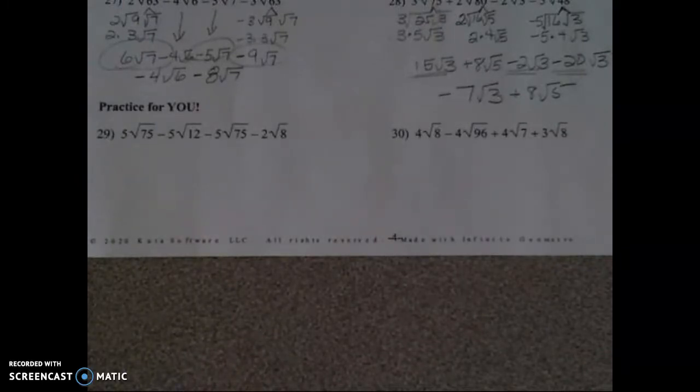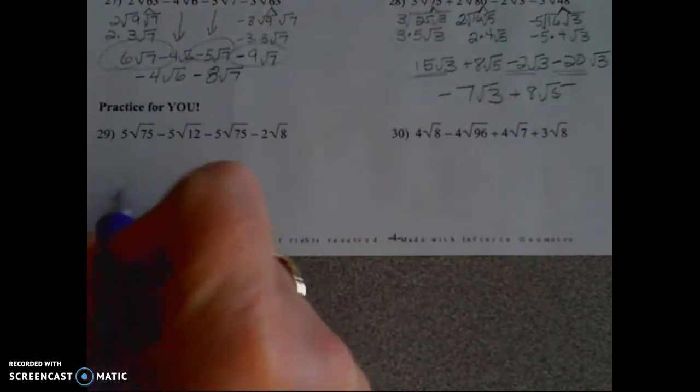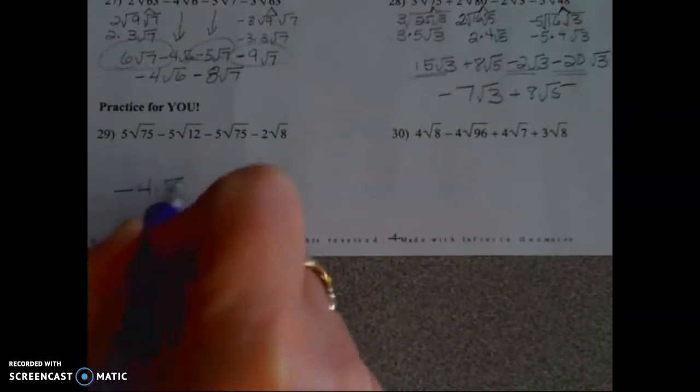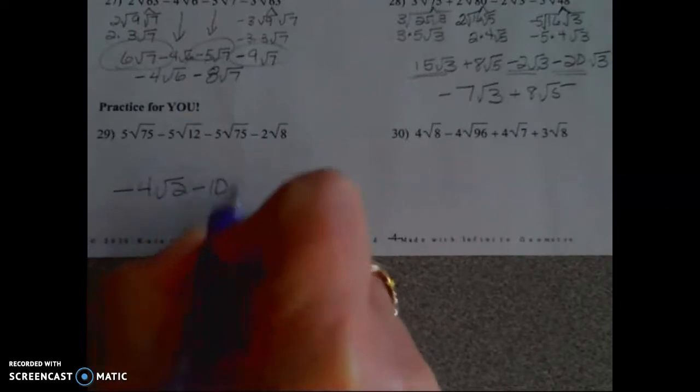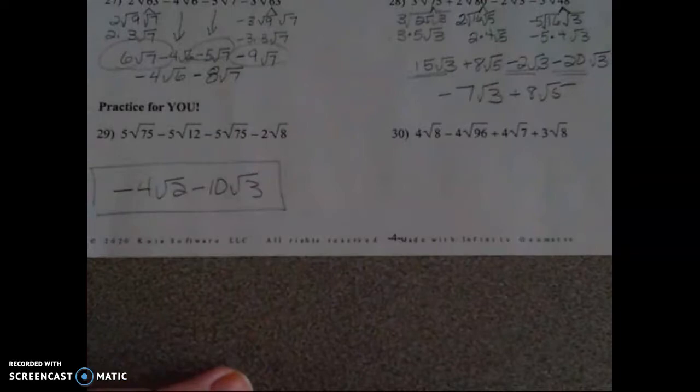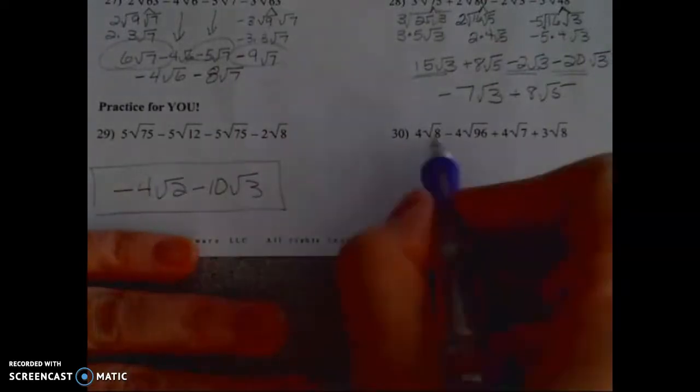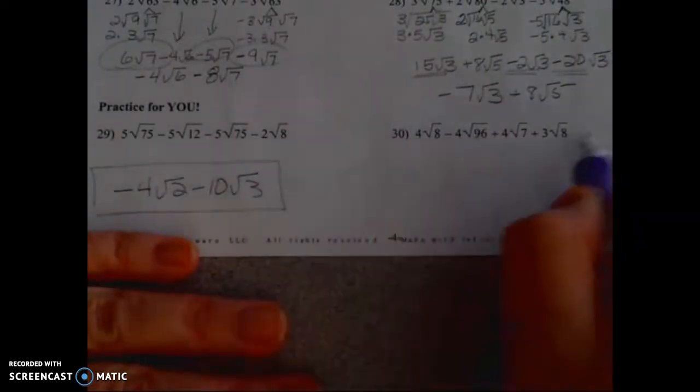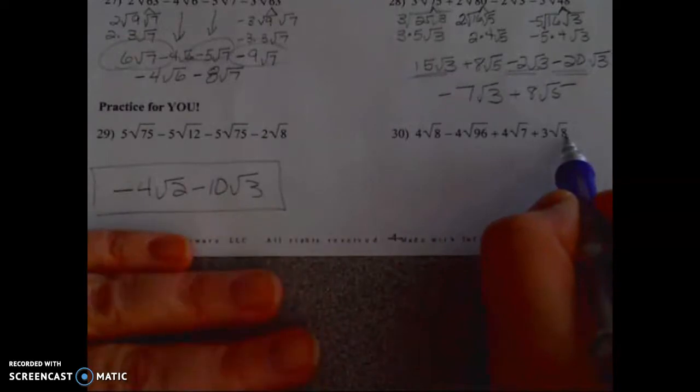Welcome back. You should have gotten negative 4 root 2 minus 10 root 3 for this one. And for this last one, you break down the 8 and the 96 and the 8, and you put all your like terms together.